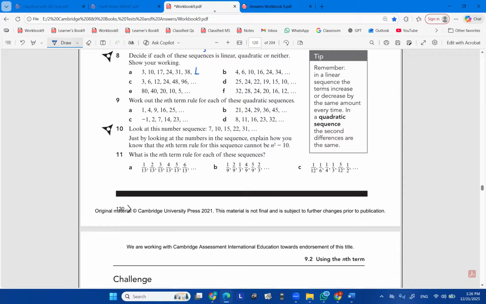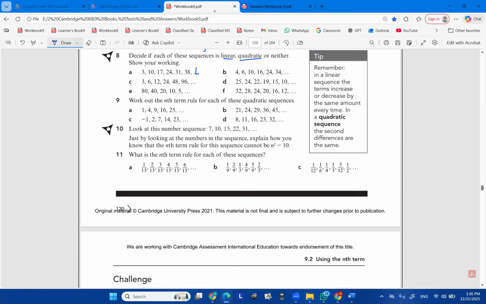Here, you're going to find that the first difference is add 3, then add 6, then add 12, then add 24, then add 48. Someone says we're multiplying by 2, but to find out if it's linear or quadratic, I must find the differences.